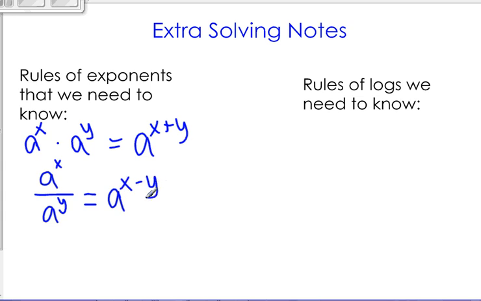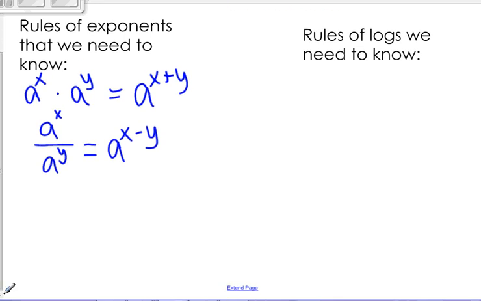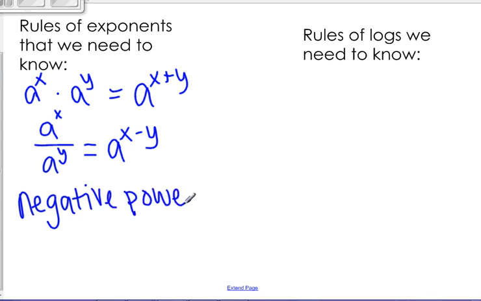The other rules that we tend to forget are those of negative powers as well as powers that are fractions. So negative powers will flip what we have.